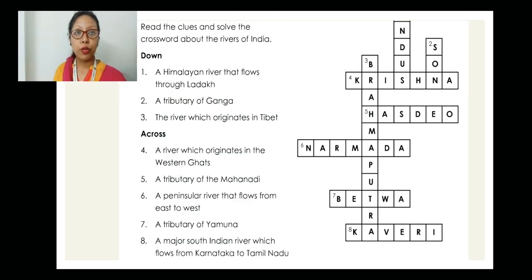Now let's move towards this one, the crossword. Read the clues and solve the crossword about the rivers of India. First we are going to read the downwards. Number one, a Himalayan river that flows through Ladakh. Which is the answer?